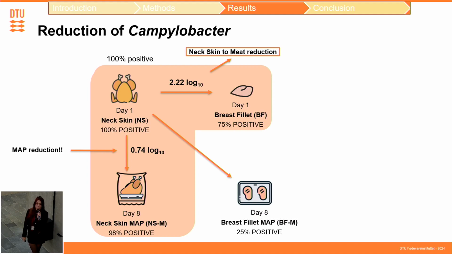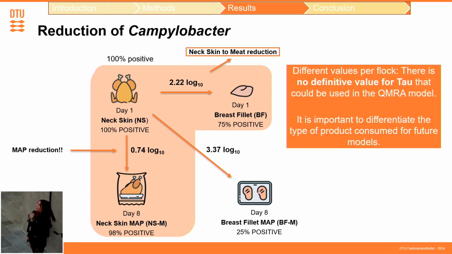The MAP pack gives around a 0.74 log reduction, 0.74 to 0.81, and a 3.37 log reduction in the case of the MAP-packed breast fillet. This is our average value, but it was completely different when we repeated the sampling with three different flocks.